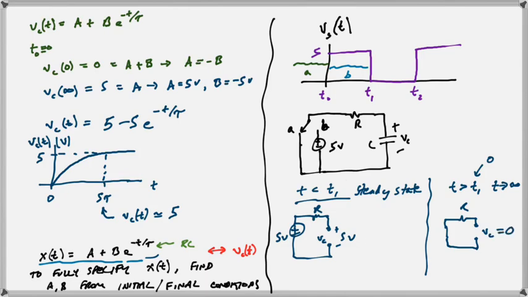So here's our initial condition: VC of t1 minus is 5 volts. Let's just write it as VC of infinity goes to 0.